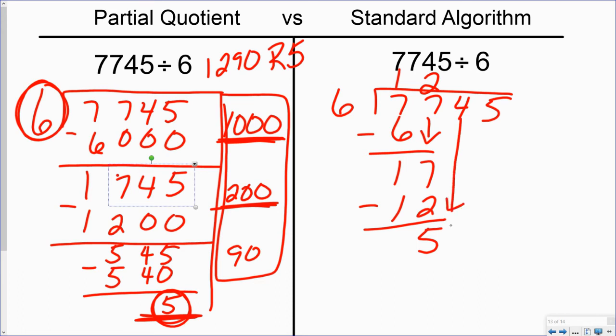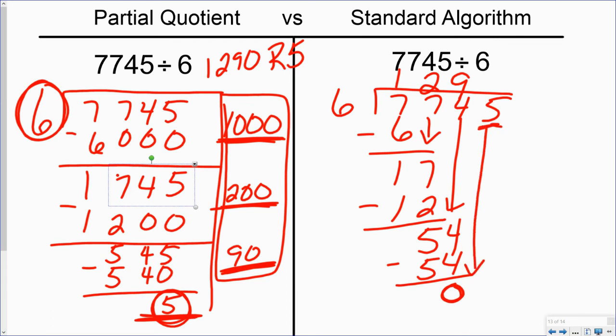Bring down my 4. 6 goes into 54 9 times. That's representing this 9 right here, which is 54. And that gives me 0 here. Even though I have a 0 here, I still have my 5 left up here, so I need to bring this 5 down. And 6 into 5 doesn't go at all, so I need to put a 0 here above the 5.